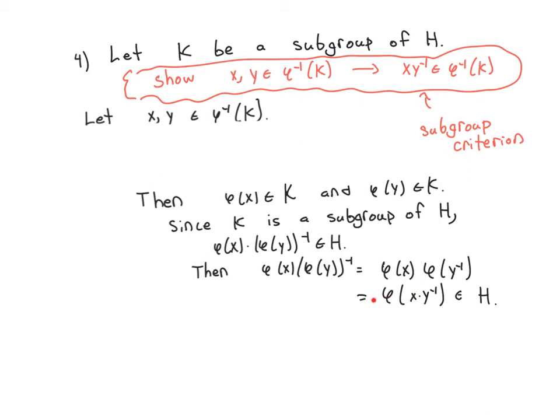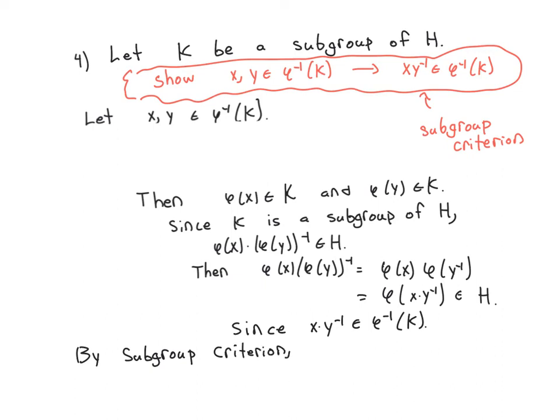Since these are all equal and the first product was an element in K, this last calculation is also an element in K. That implies that x times y inverse is in fact in the preimage. So by the subgroup criterion, we do have that the preimage is a subgroup of G.